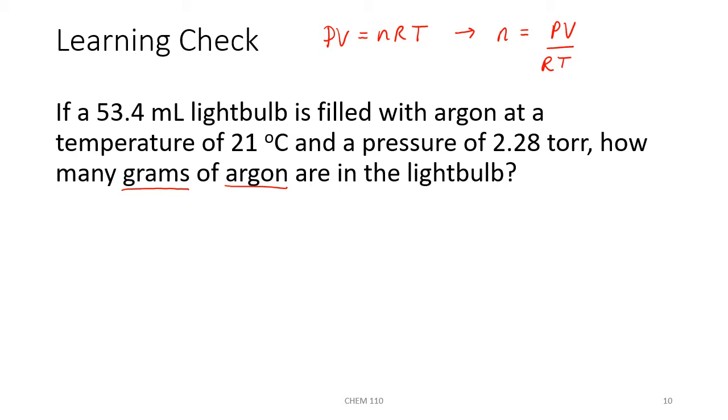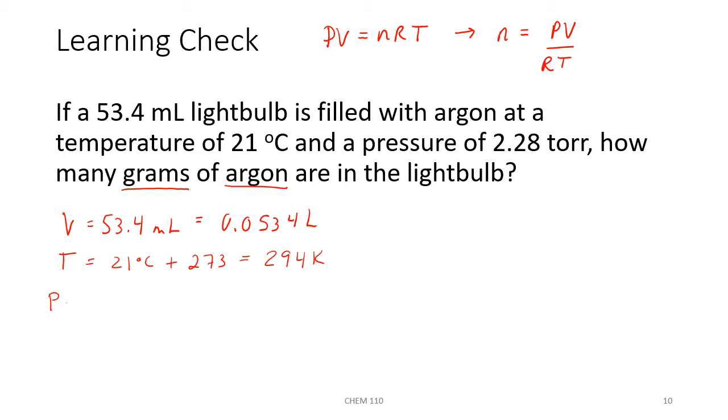So we're going to have to get our hands on everything else in order to figure out the number of moles. Our volume is given to us directly, 53.4 milliliters. But remember, we have to be in certain units for everything because of our gas law constant. So we're going to have to convert our volume to liters. That'll be 0.0534 liters. Our temperature is 21 degrees Celsius, and we're going to have to add 273 in order to convert to Kelvin. That'll be 294 Kelvin.